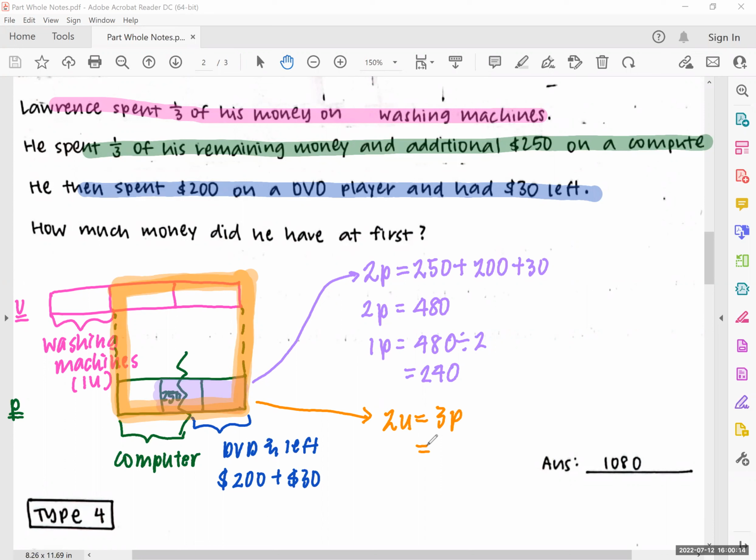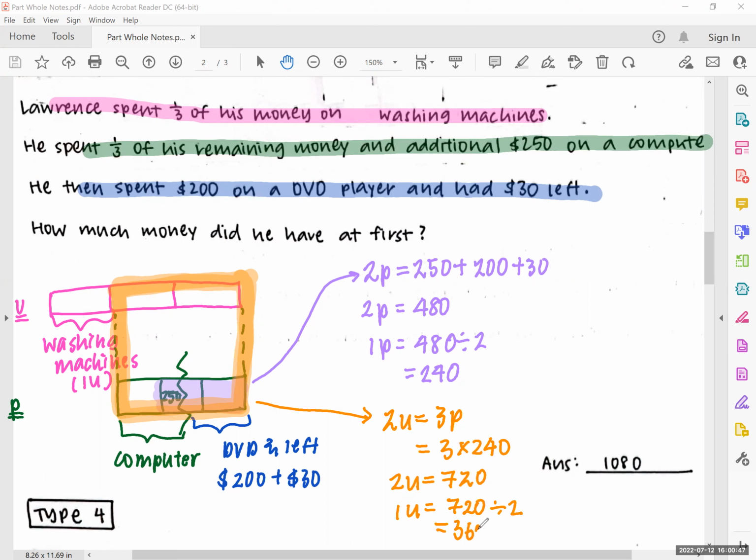And do we know what is 3 parts? 360. So I know that 2 units is actually equal to 720. Then after that, from here, what can I find? 1 unit. 1 unit will be equal to 720 divided by 2.